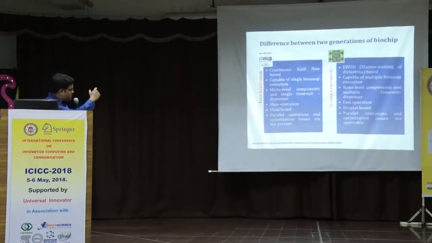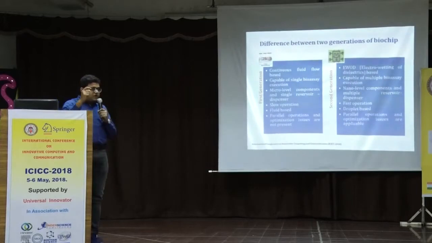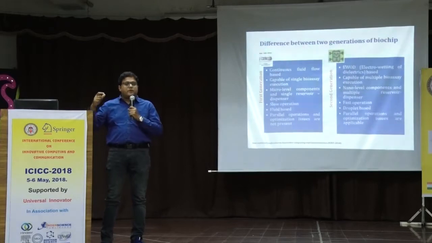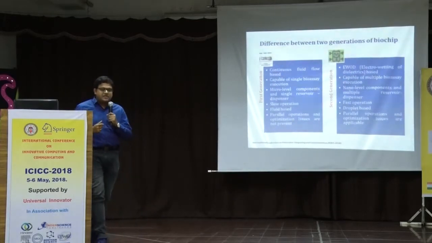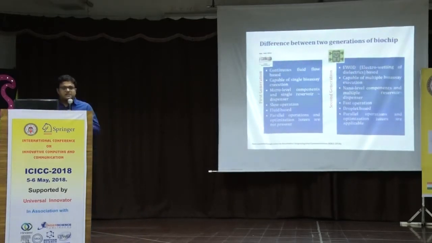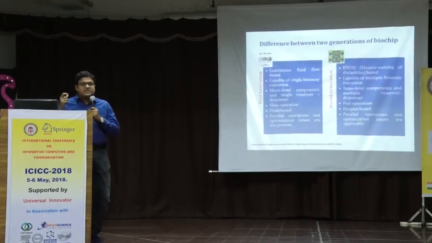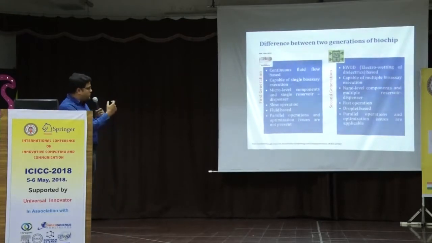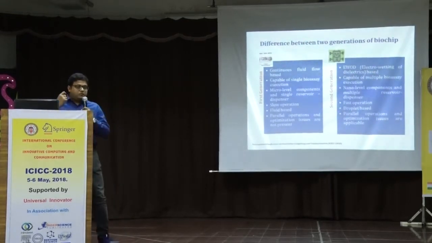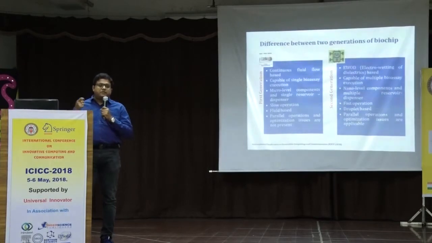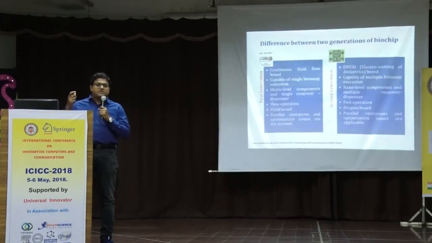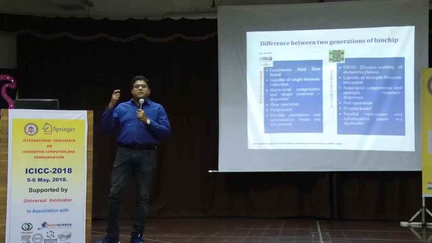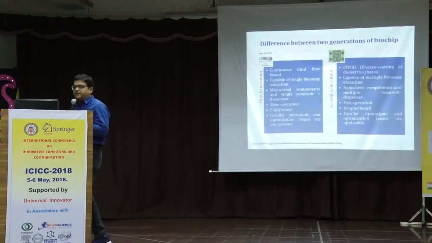If we look into the components of the first generation biology, it was a little bigger in size. It took larger space for the micro level components, and we could attach only a single level of reservoirs. Whereas in the second generation biology, the digital microfluidic one, we can attach multiple reservoirs and multiple source components, and it helps in performing multiple parallel operations together.